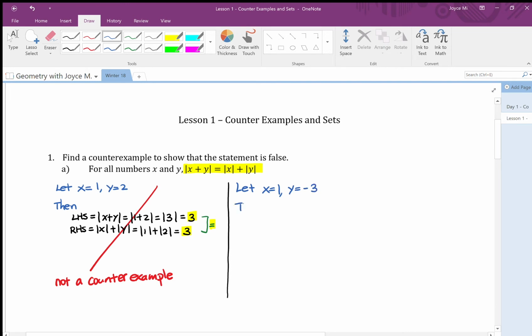Then the left-hand side of the statement becomes the absolute value of 1 plus negative 3. That is equal to the absolute value of negative 2, which gives me 2. Let's look at the right-hand side of the statement.